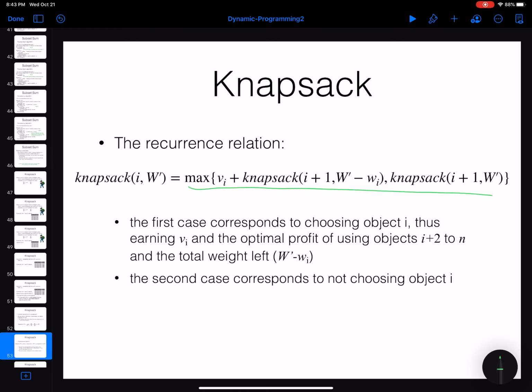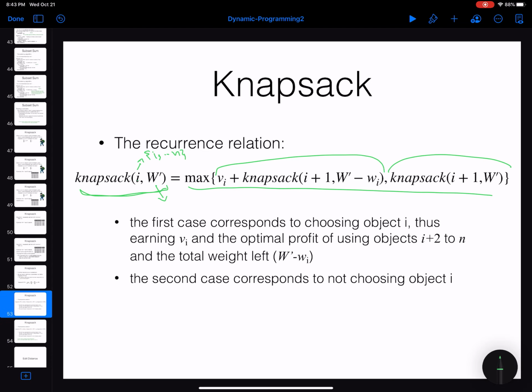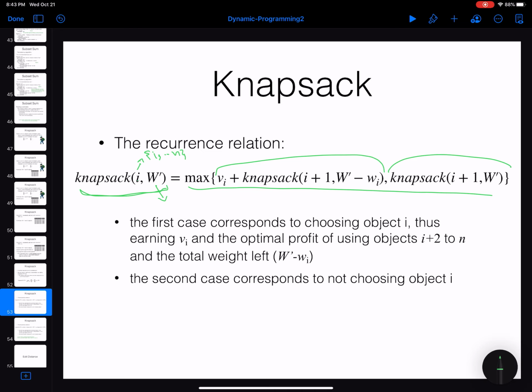The form of the subproblems is exactly the same: I and W prime. I tells you that you have access to all the items from I to n, and W prime is the weight that you can actually carry, the remaining weight. I have two subproblems, two cases to consider: either take the object I or don't take it.